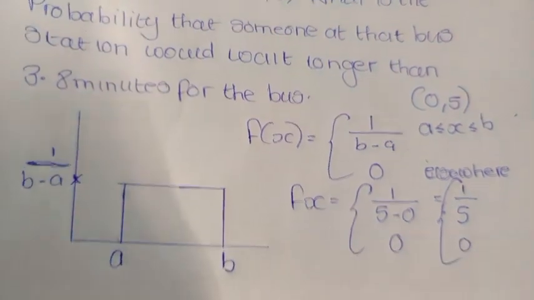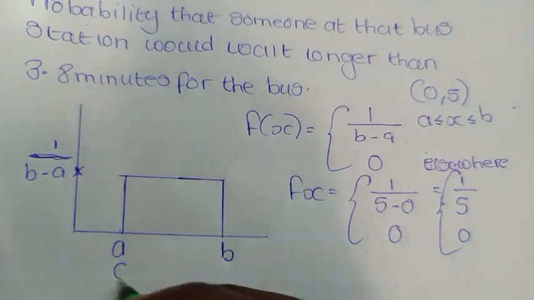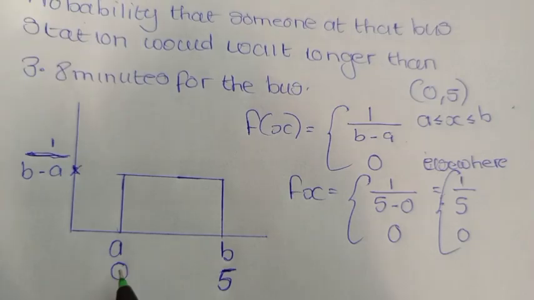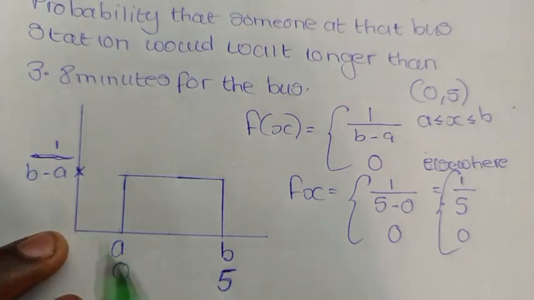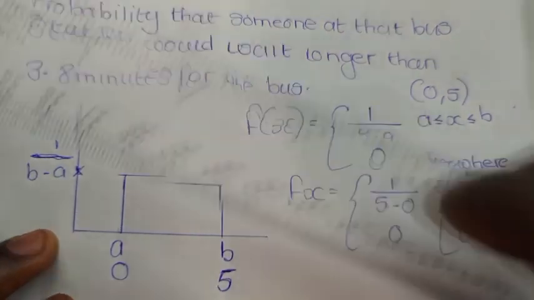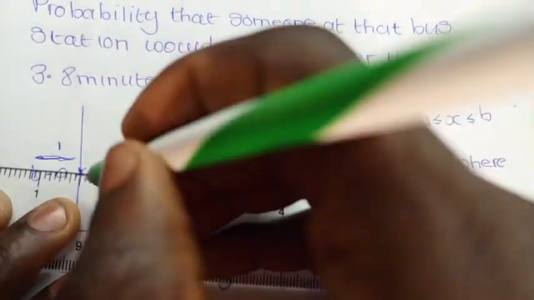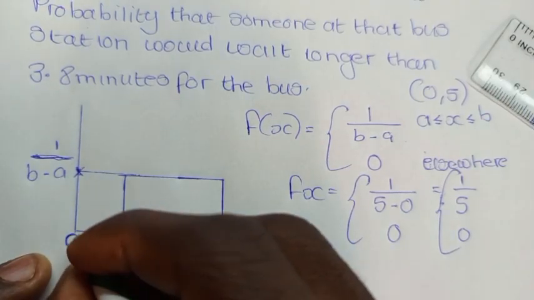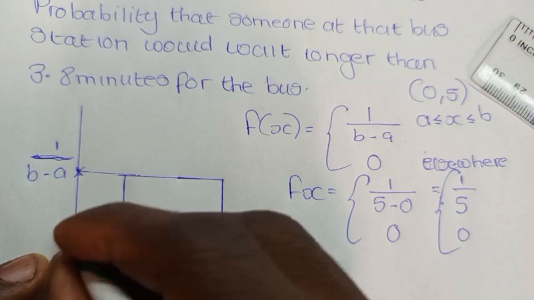So here we have a 0 and we have a 5 here. Let us just shift our graph so that someone doesn't ask a lot of questions. We know for sure that our A will be here because this is where our 0 is.